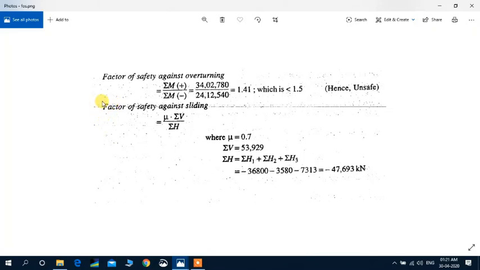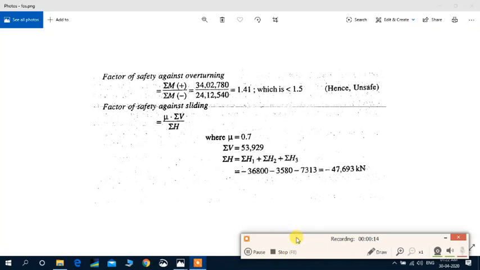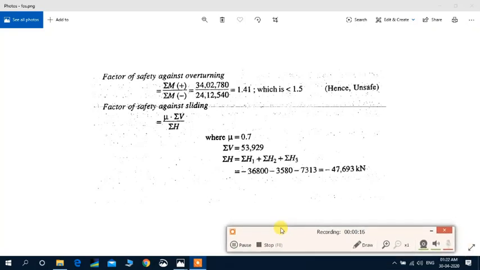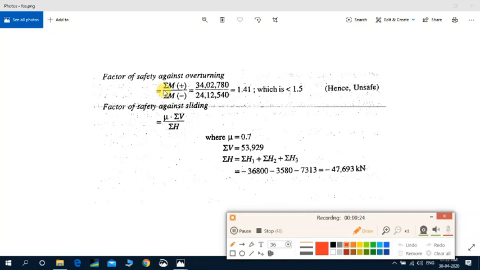Another thing which I want to discuss here is the factor of safety against overturning and the factor of safety against sliding. Suppose we want to calculate the factor of safety against overturning, then we have to calculate the summation of all the positive moments.